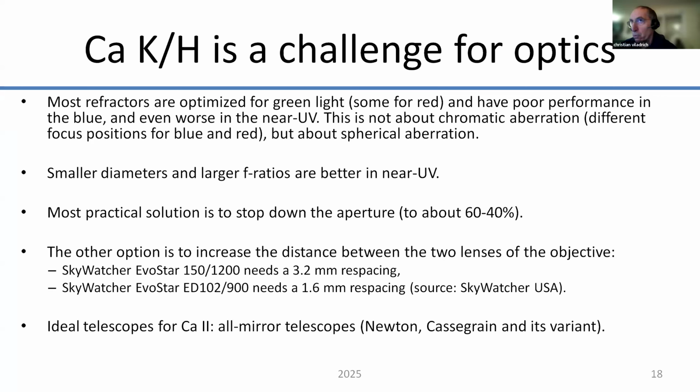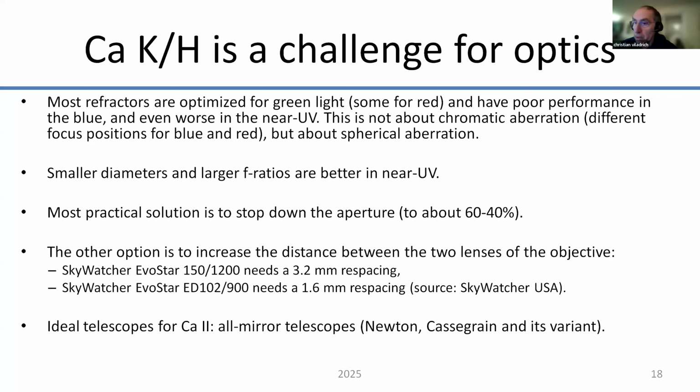If we compare a telescope with an F ratio of 6 with a telescope with an F ratio of 10, 10 is much better for this. Small diameters are also better because spherical aberration increases with diameter.